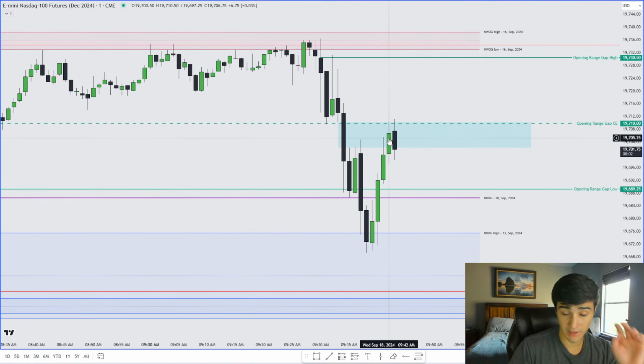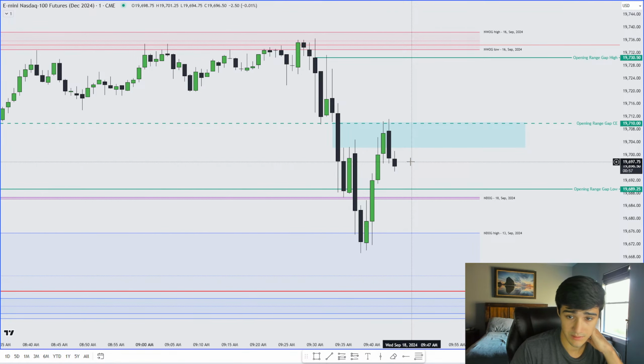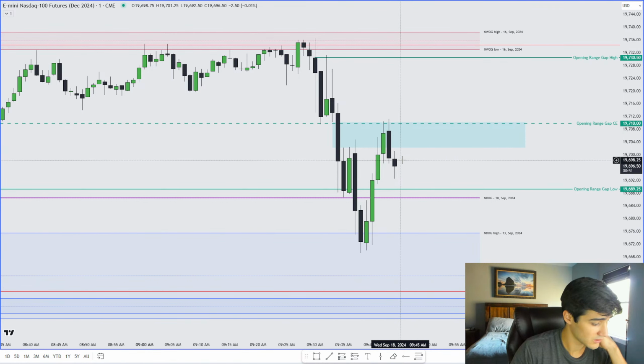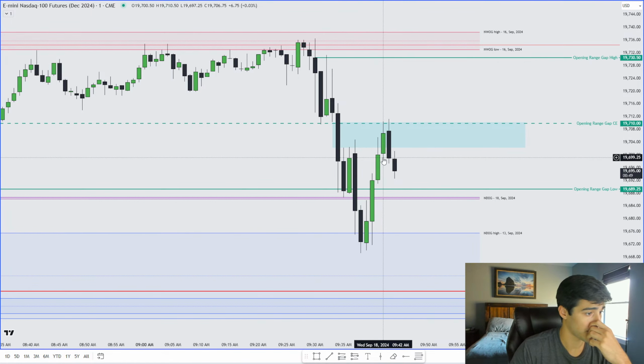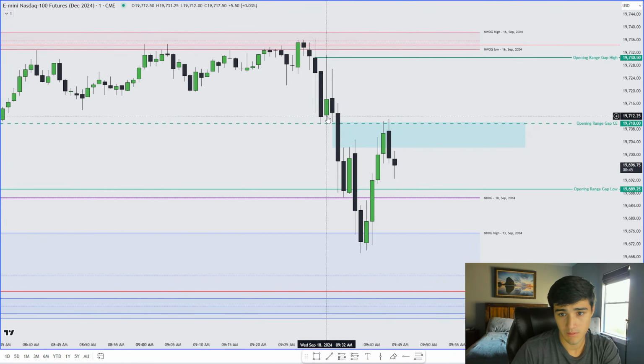We're still closing inside of first presentation, so that would indicate to me that nothing has changed. We run the short-term high here. That actually might be another selling opportunity if we get stabbed into this order block here.